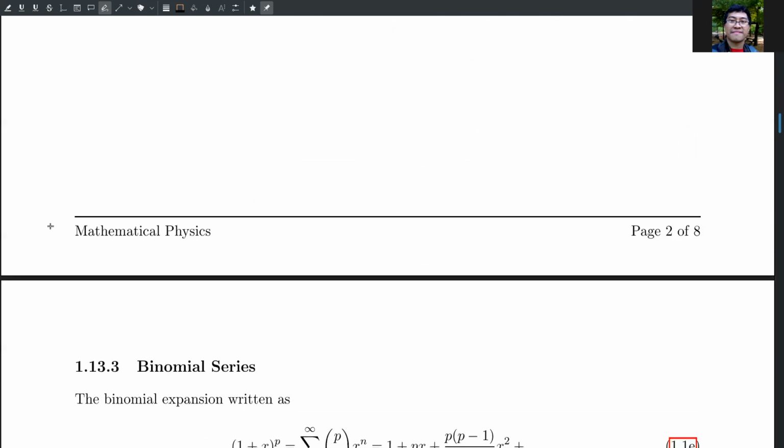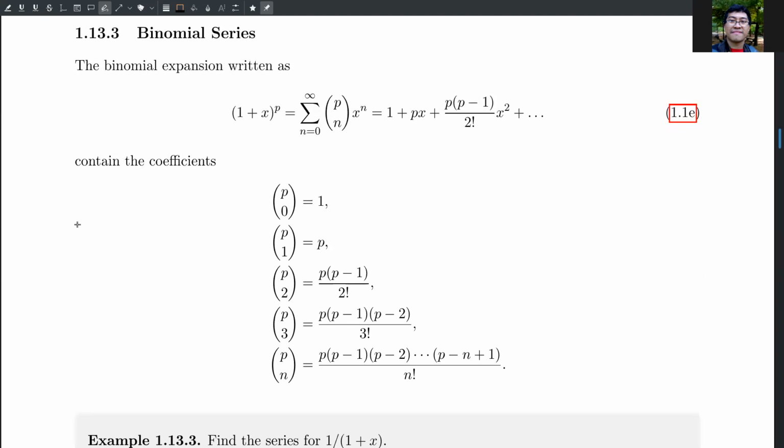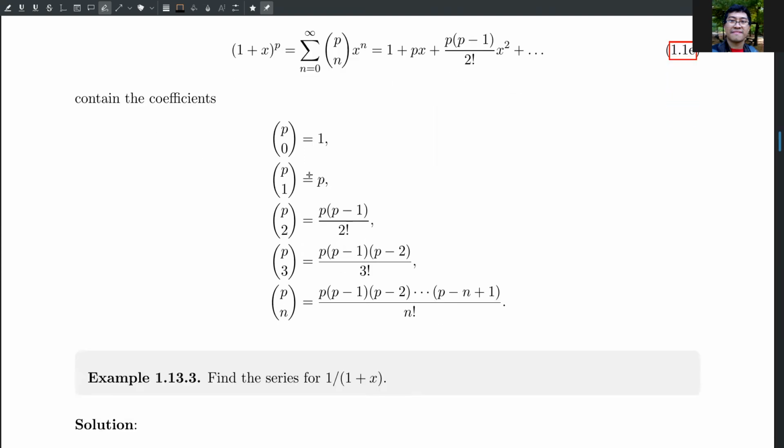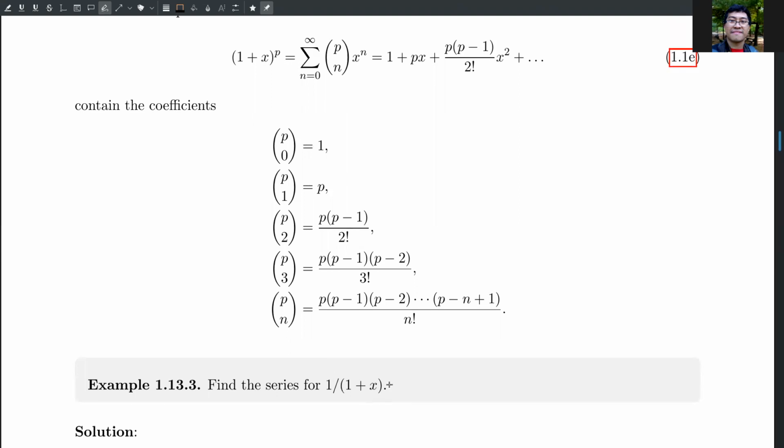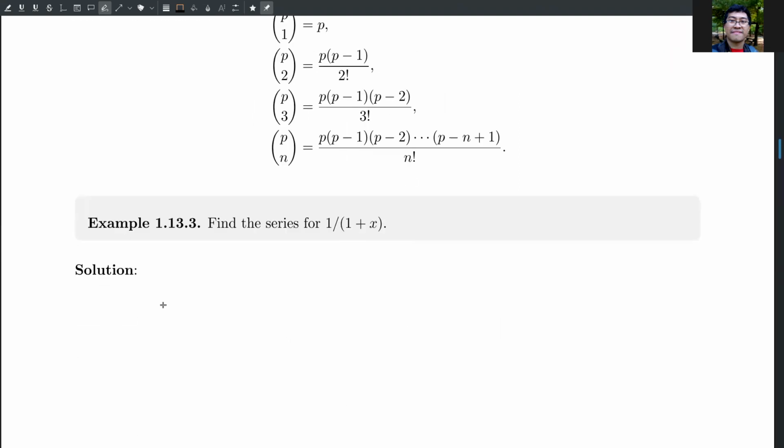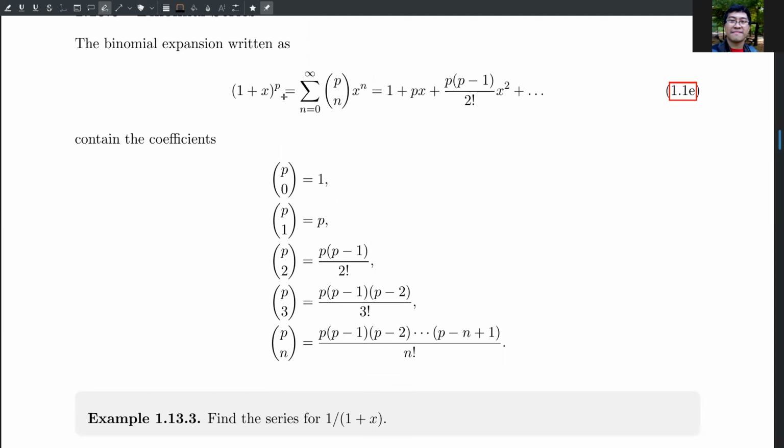Another case is a binomial series. We can make use of the binomial expansion to expand a function. Let's say you have a function of this form: 1 over 1 plus x. You can write it as 1 plus x to the power of minus 1. That's the same as this, but with p equals minus 1.